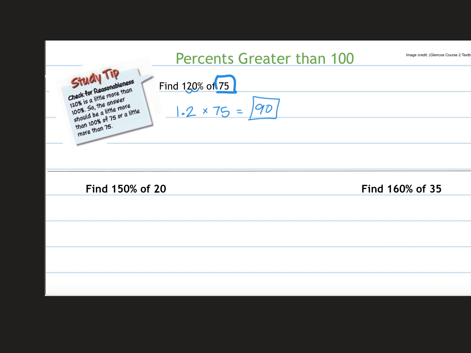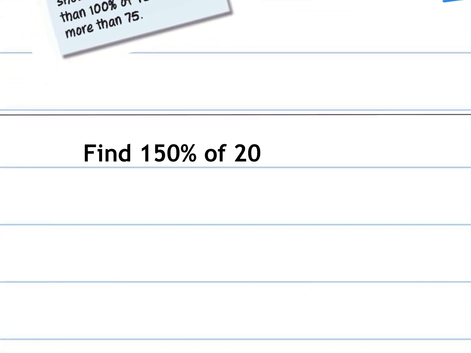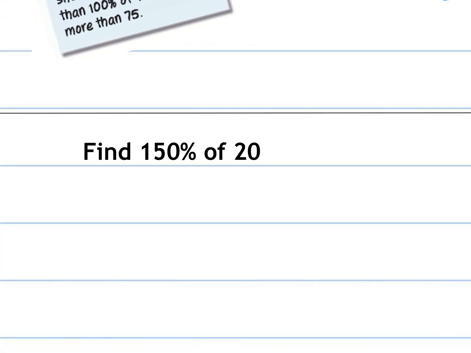So try these other two. Find 150% of 20. So I'm going to move 2 spots to the left. 1.5. "Of" 20 means I'm going to multiply by 20. And I end up with an answer of 30.